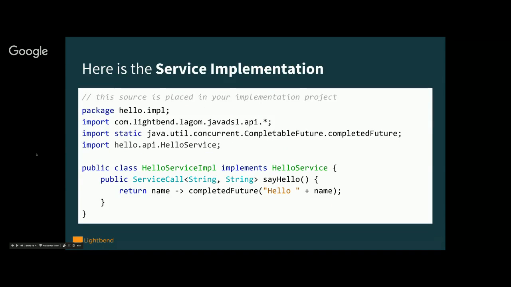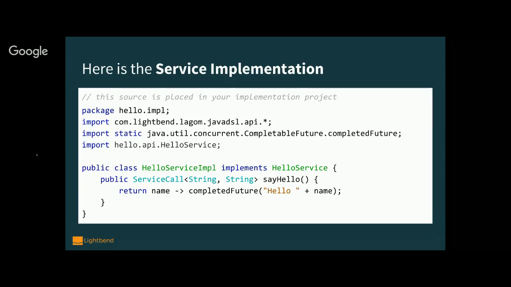Under the covers, the implementation follows Java naming conventions, with hello service simple. It implements an abstraction called hello service, and essentially it's going to return this name in the form of a completed future. That completed future is essentially going to be a string plus whatever the name is.